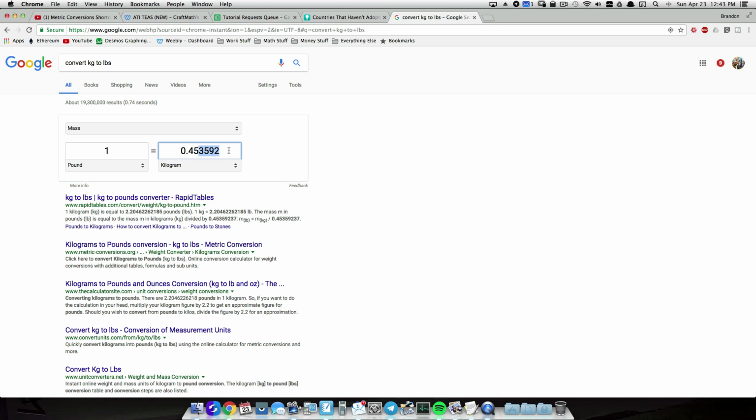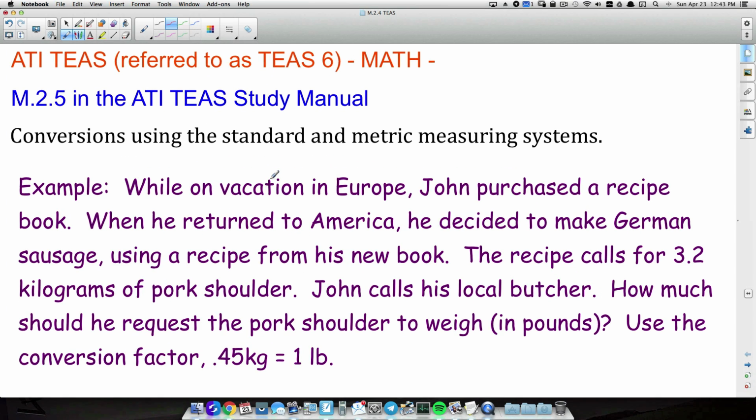Sure, Google shows more decimal places, but we'll just use 0.45. Now, if I were you, I would not stress about memorizing these. On the TEAS test, I think they provide you with the conversion factor within the problem. Plus, in your ATIT study manual, the examples they list in the book do give you some conversions, currency as well too. So don't stress about memorizing them.